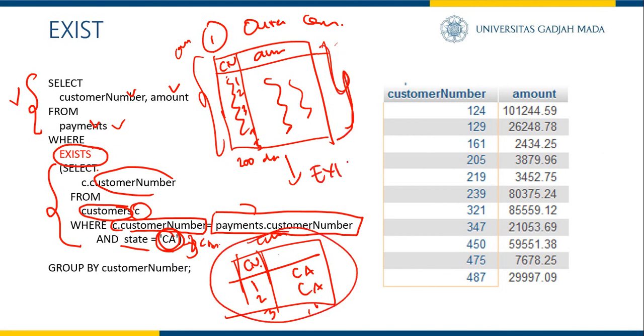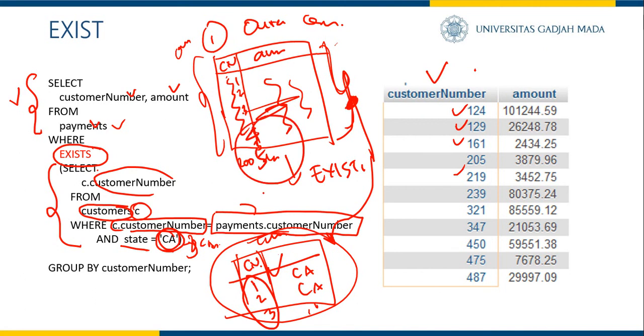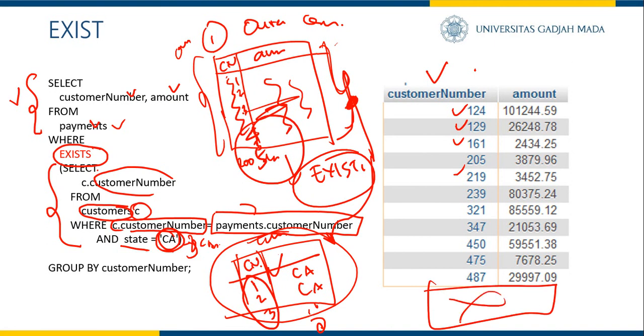We check the existence of this record in the subquery. If this data also exists there, it will be placed in the result. Because 1, 2, 3 also exist in the subquery, they will appear. But 4 and 5 do not exist in the subquery, so they will not appear in the result. So the approach is a bit different.